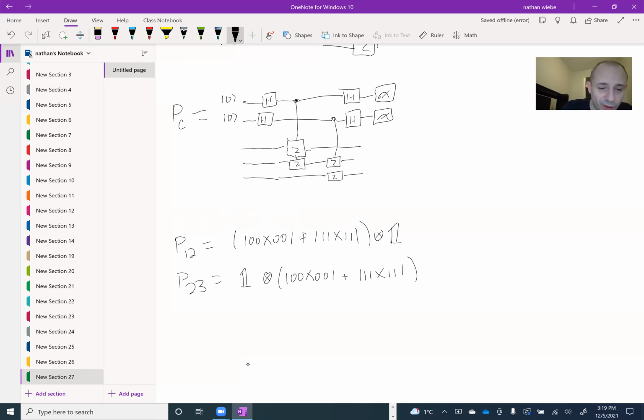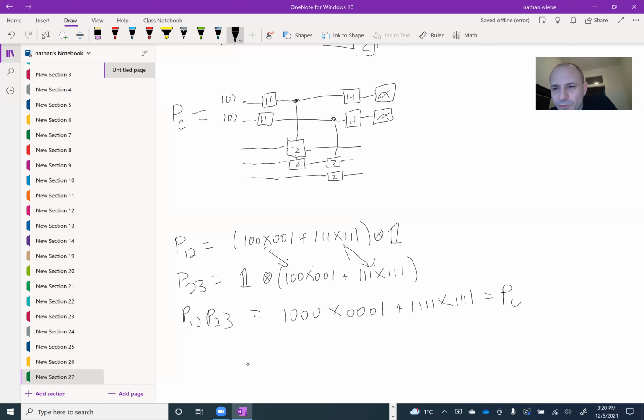So when we multiply these two things together, we just end up seeing that the cross terms are 0. The only two that end up actually multiplying are these. And so by multiplying those, we end up getting |000><000| plus |111><111|, which is equal to PC. So we can see from the LCU lemma that if we end up measuring 0, 0, this will actually correspond to the code space projector.